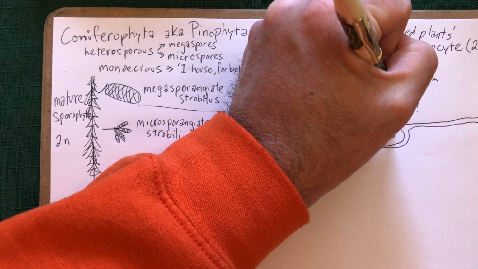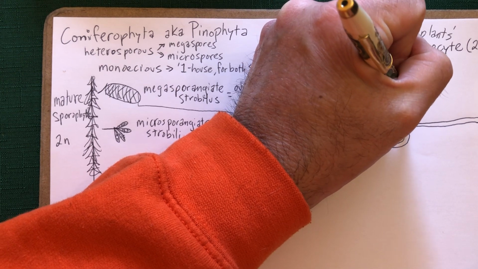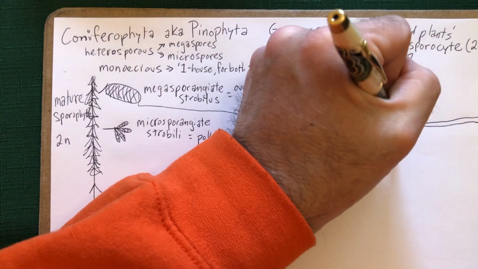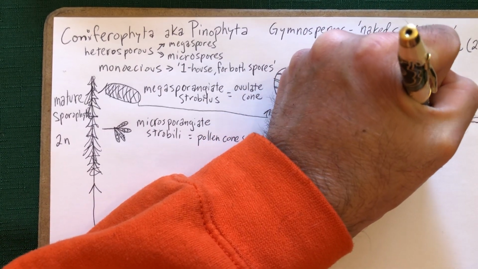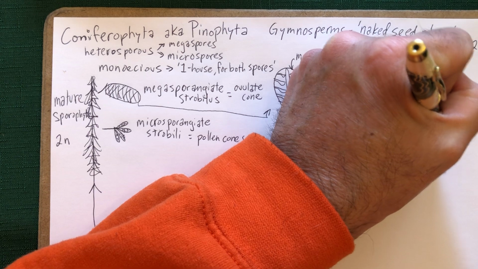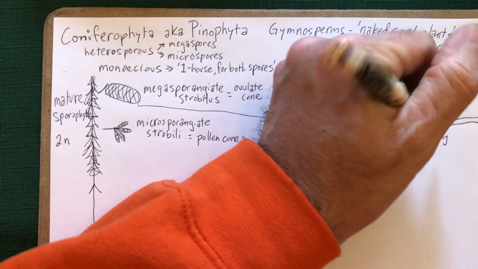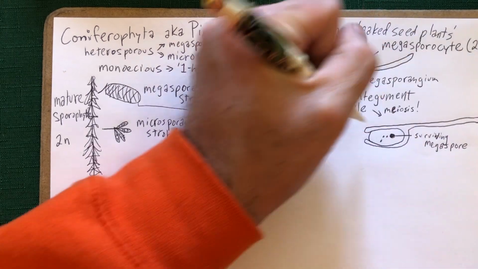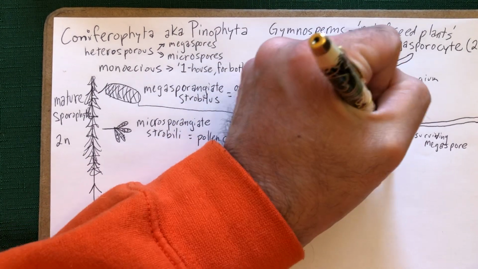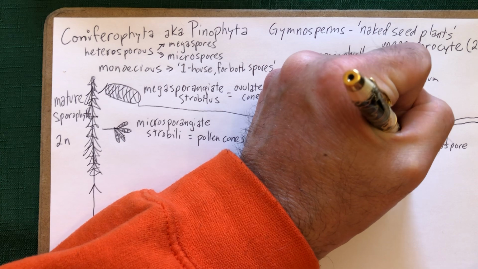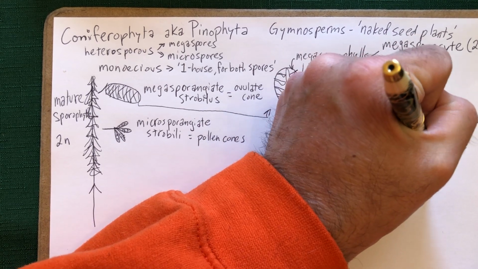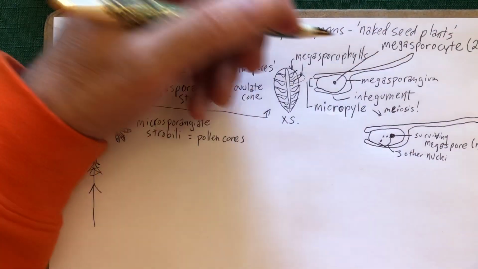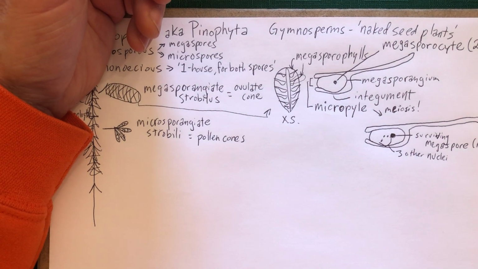And meiosis, being reductional division as it is, gives us haploid cells. But we have a surviving megaspore. Plus we get 3 other haploid nuclei that don't survive.